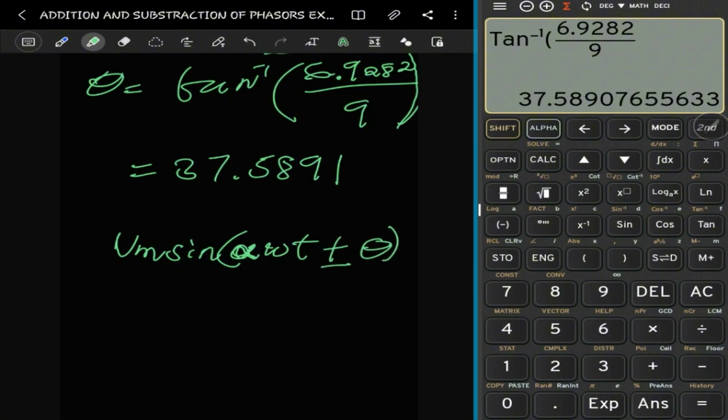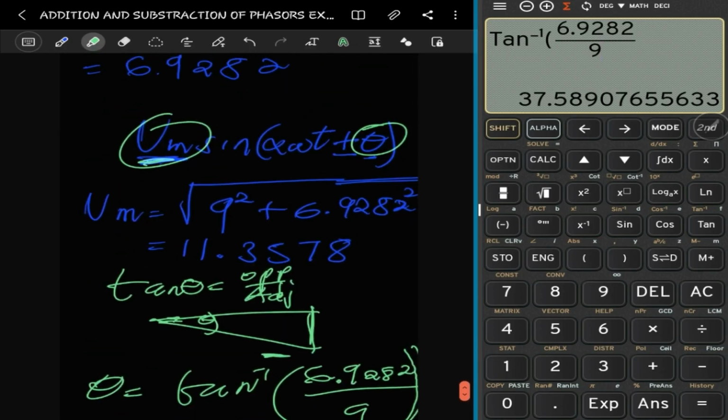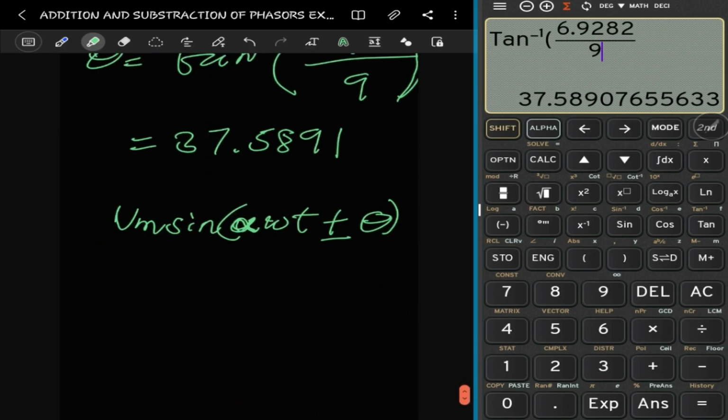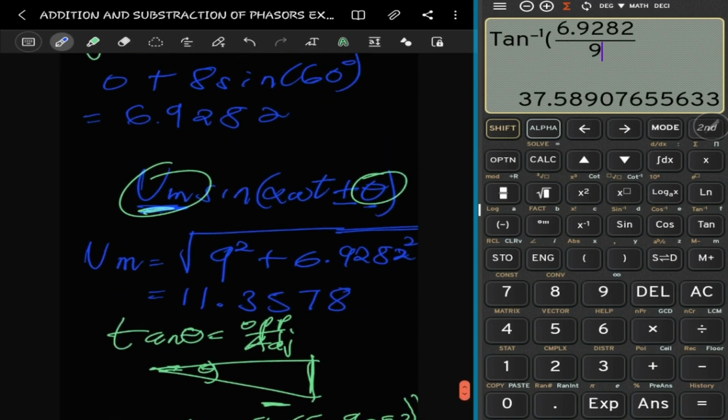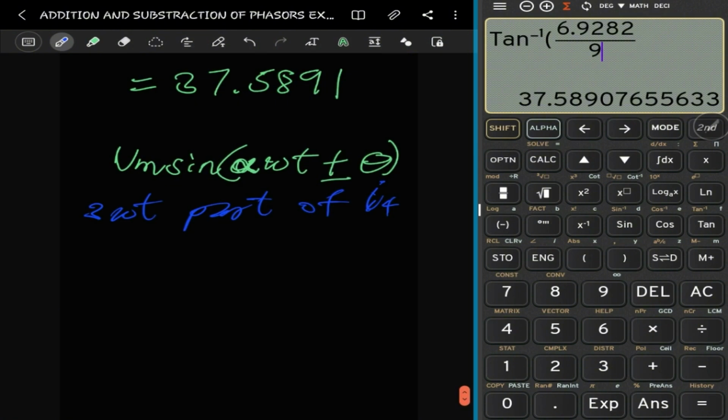So we found the peak. Basically what we're writing right now is the 3wt part of I4, right? So we know the peak. The peak is 11.3578.